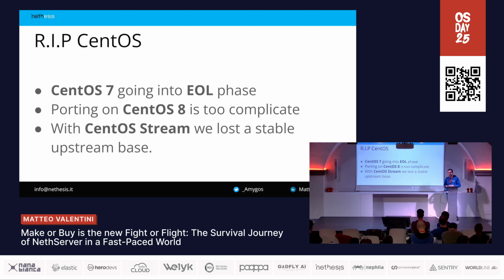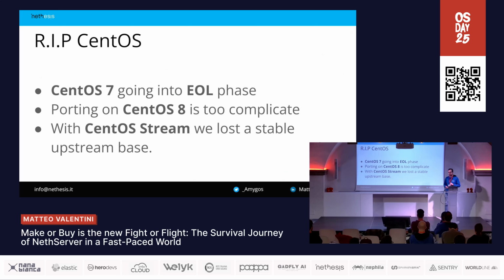We evaluated porting NethServer to the next version, CentOS 8, but at the time, because CentOS 8 was very different compared to CentOS 7, the porting was too complicated, so we decided to take a pause. Don't migrate, don't jump the bridge.